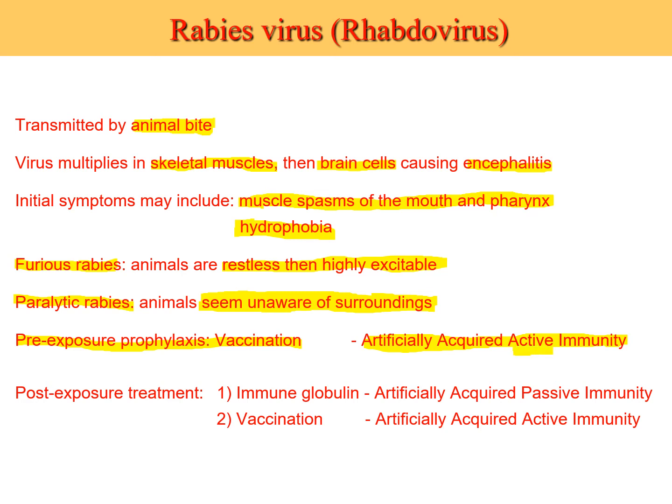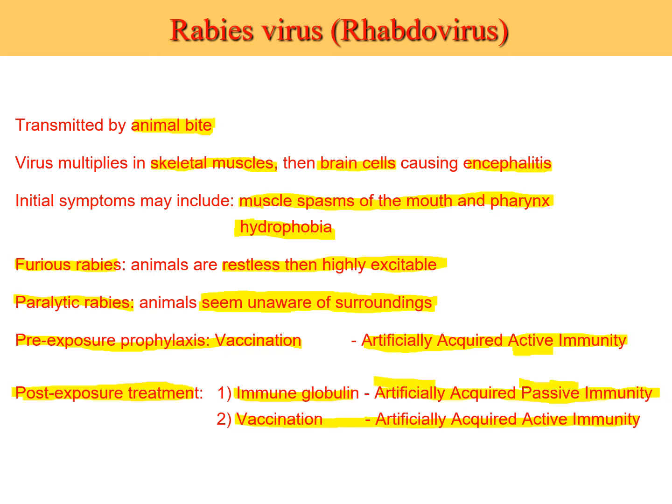However, just as with tetanus, it is a rapidly progressing serious disease, and so post-exposure, it is not just vaccination that's carried out, but also you get an immune globulin antibody injection, which is, of course, artificially acquired passive immunity. It's injected, so it's artificial, and it's passive.